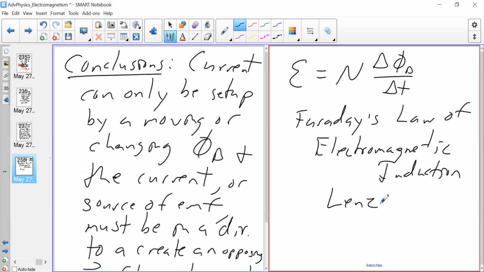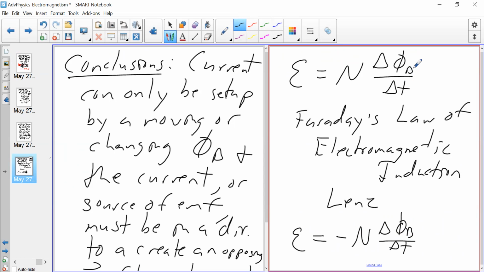Lenz came along and stated, okay, Faraday, I see you, but the current that gets created sets up a magnetic field or magnetic flux that opposes the original flux. That's what the minus sign here is all about.